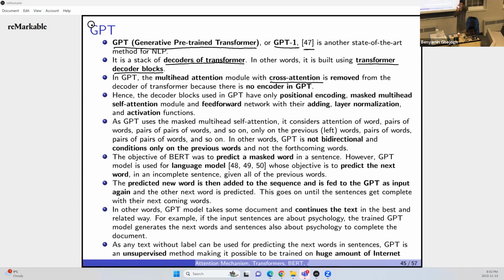It is useless, so it is removed. But they still have attention: multi-head self-attention only. So we have positional encoding, masked multi-head self-attention, and feed-forward, plus the addition, residual learning and layer normalization, and the activation functions.